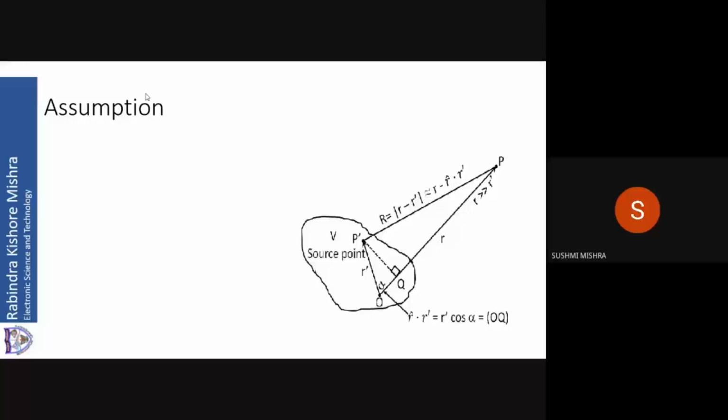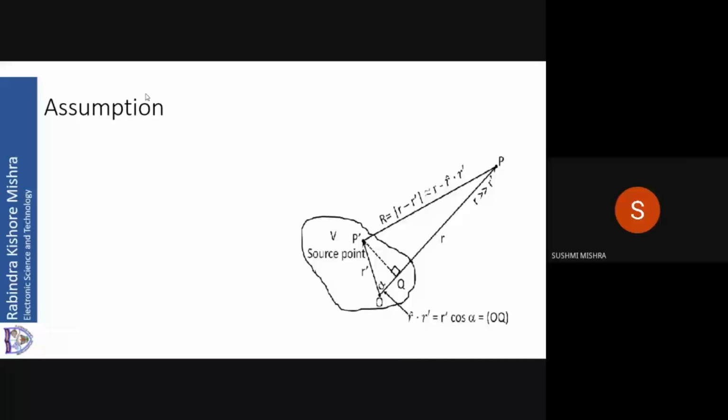Since r dash and r are position vectors, we can find this distance as the magnitude of the difference of these two position vectors. So capital R is equal to the magnitude of the difference between r and r dash, which will be approximately equal to, this we will see later, r minus r cap dot r dash. r cap is the unit vector along r.